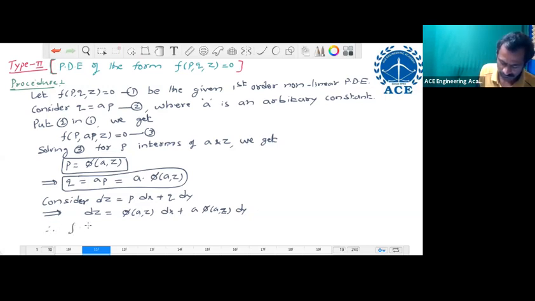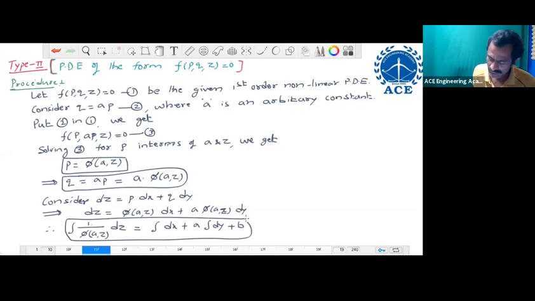Therefore, integral of 1 by phi of a comma z dz equal to integral of dx plus a into integral of dy plus b gives the solution of 1. This is the procedure.